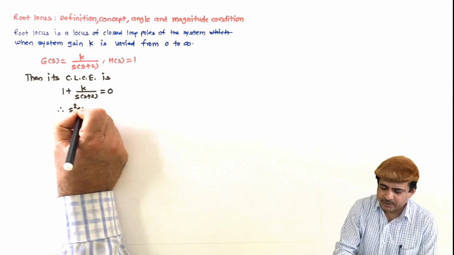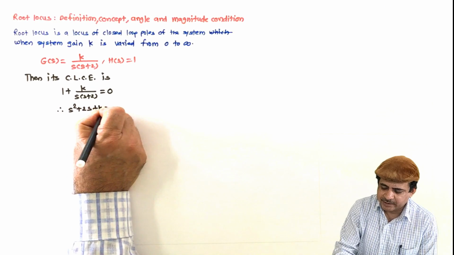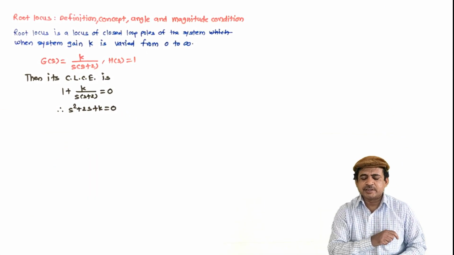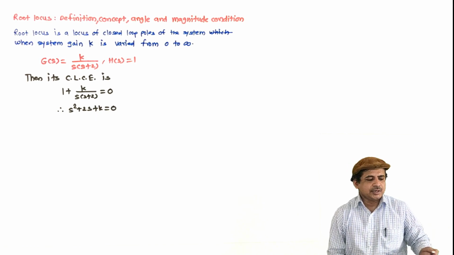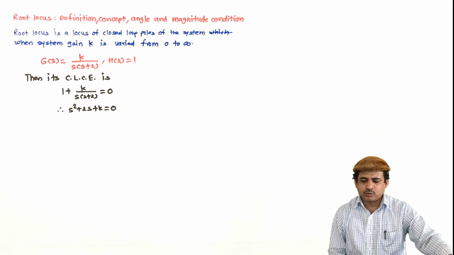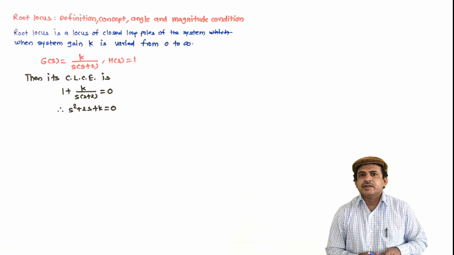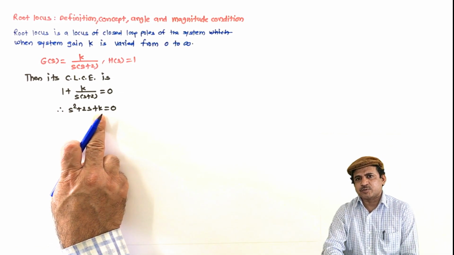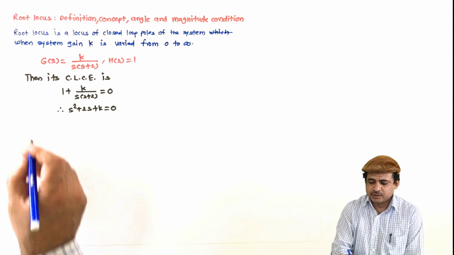So, s square plus 2s plus k equal to 0 is the closed loop characteristic equation, and roots of this equation are the closed loop poles. And as per the definition of root locus, what we want to find is how the closed loop poles move when k is changed from 0 to infinity.